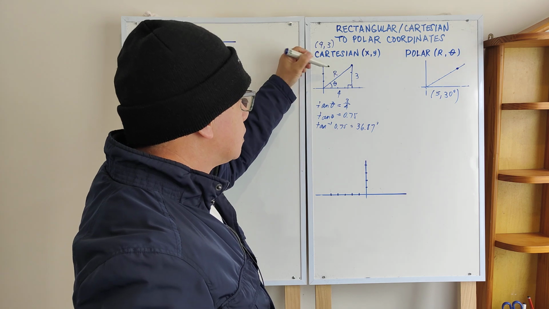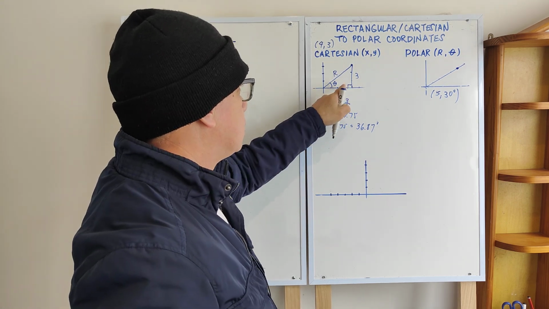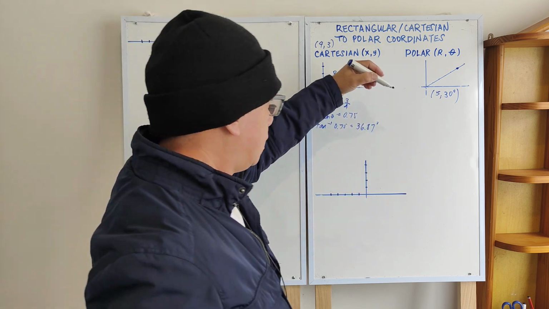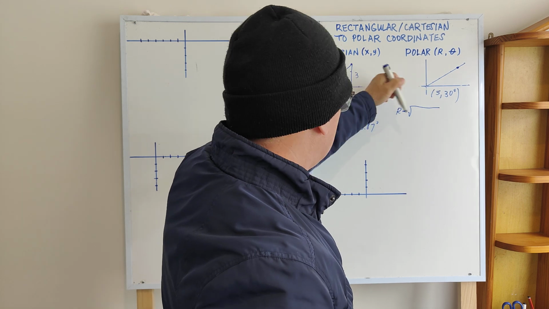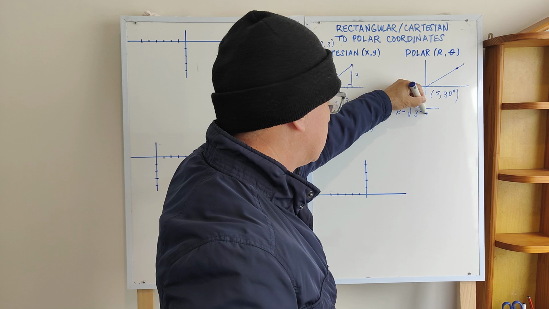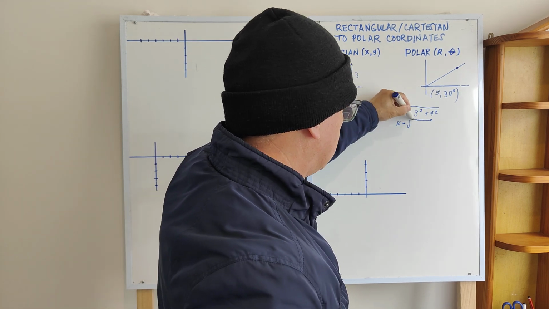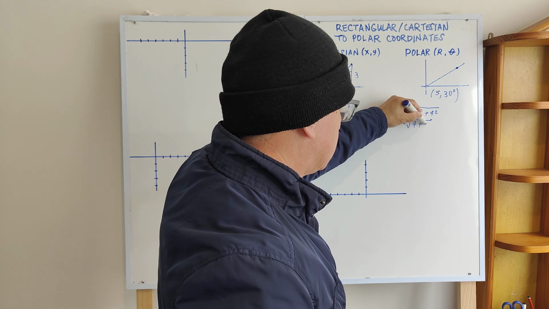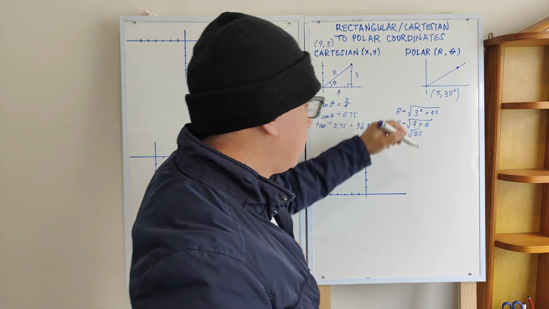Now to get the r, we use the Pythagorean theorem. We have these two sides, so r would be the square root of 3 squared plus 4 squared. So r is equal to the square root of 9 plus 16. r is equal to the square root of 25.